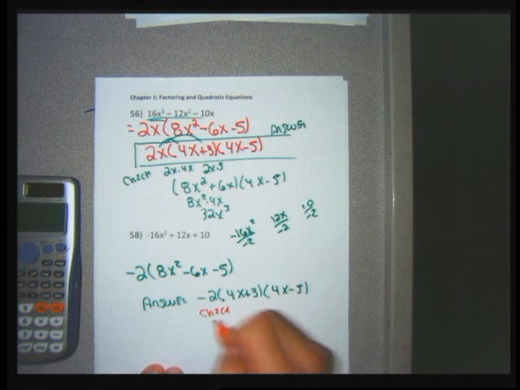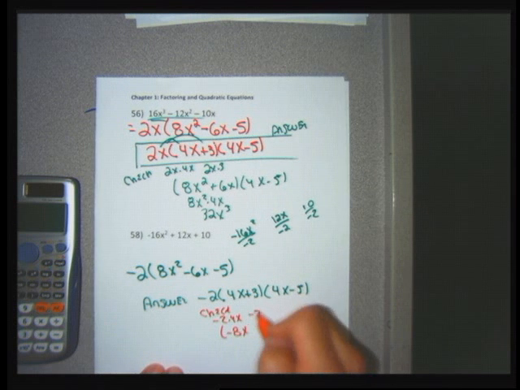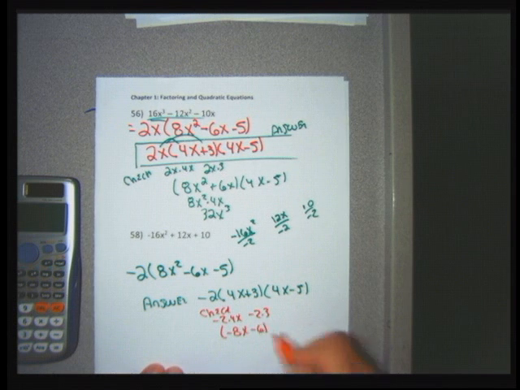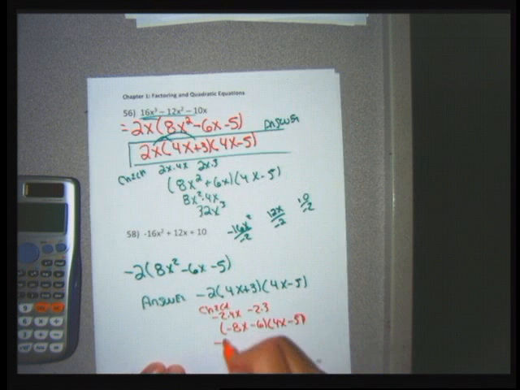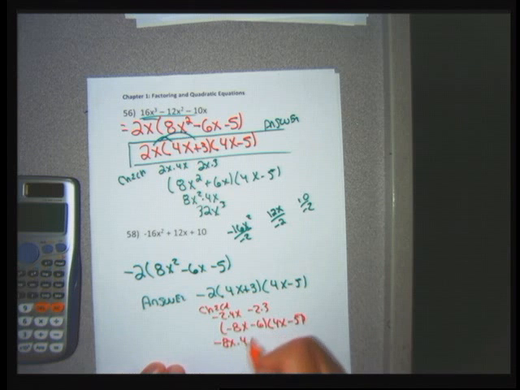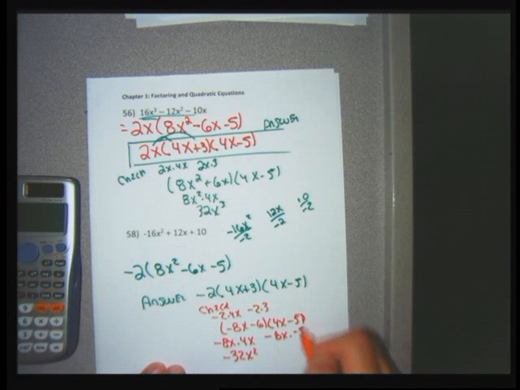I'll start off by going negative 2 times 4x and get a negative 8x, and negative 2 times 3 and get a negative 6. And now I'll FOIL. First are negative 8x times positive 4x, which is minus 32x squared. Negative 8x times negative 5 is positive 40x.